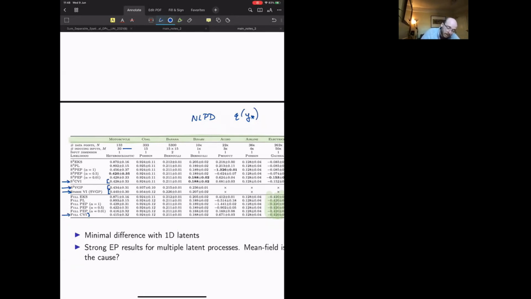So you'll notice for some of the results all the way over here, they've not reported numbers. This is when they've got a lot of pseudo points. My understanding is that they couldn't get the numerics to work out, and they were getting issues with the positive definiteness of their approximations.